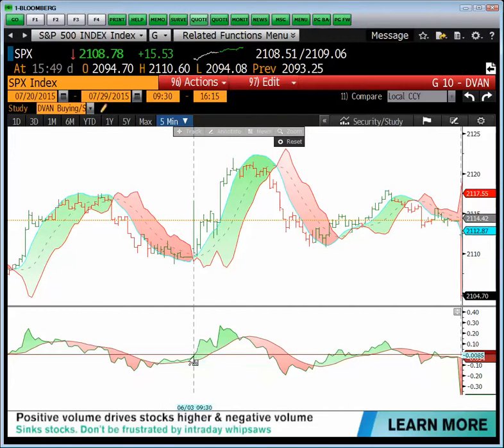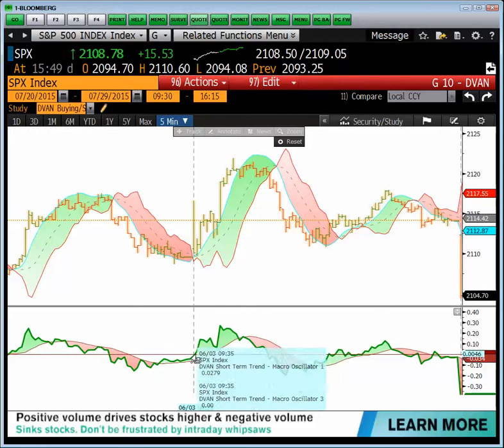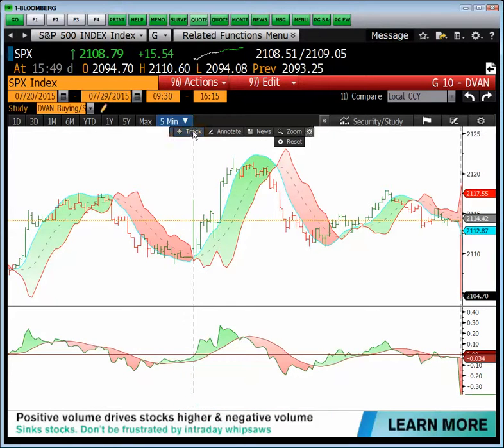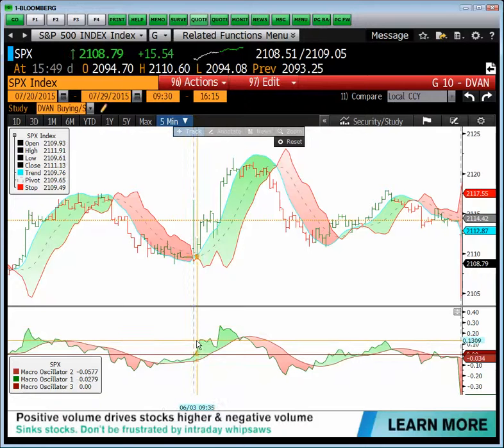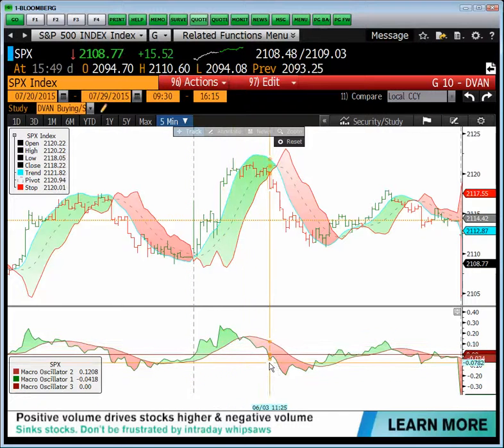When you see the green leading line in the short-term trend study crossing through zero, this is a point to look at for entries to the long side. And when you see the green line crossing below zero, it's a point to look for entries to the short side. We'll look at this more later as we add more studies to the chart.